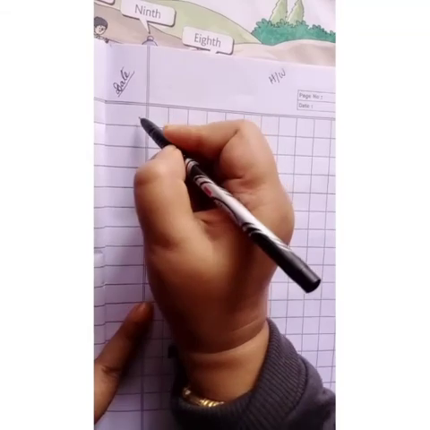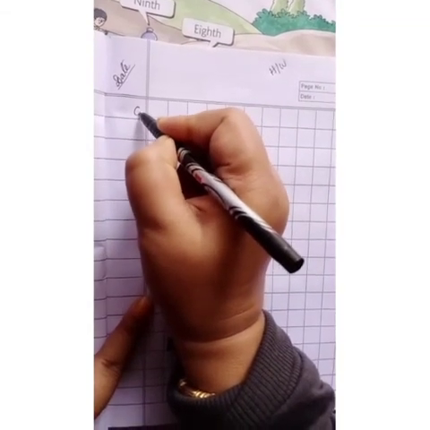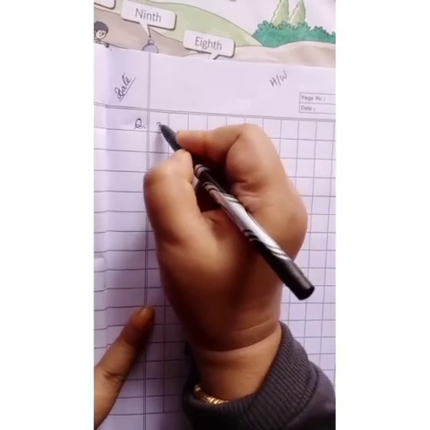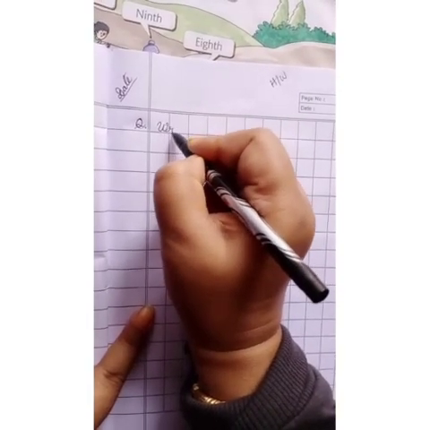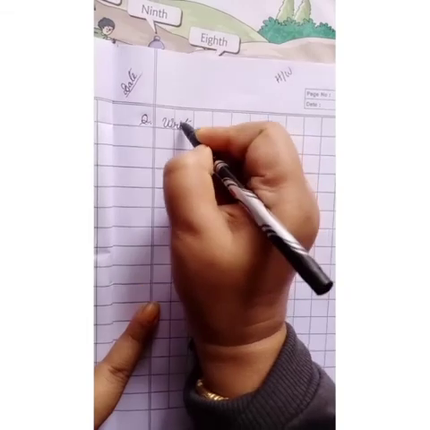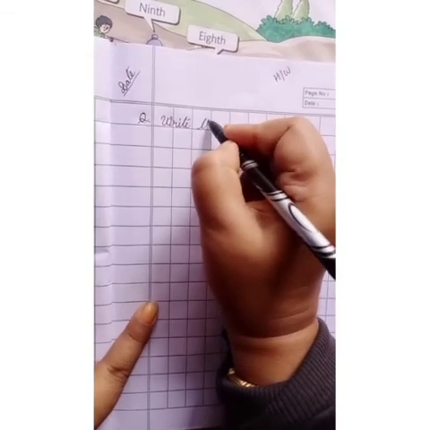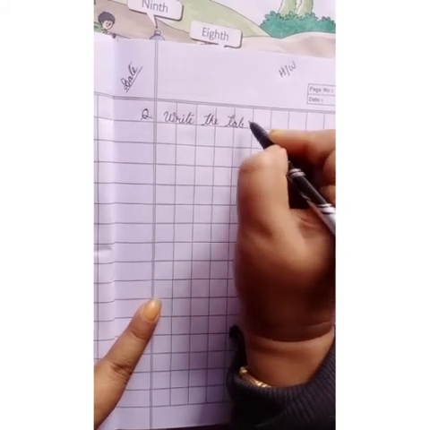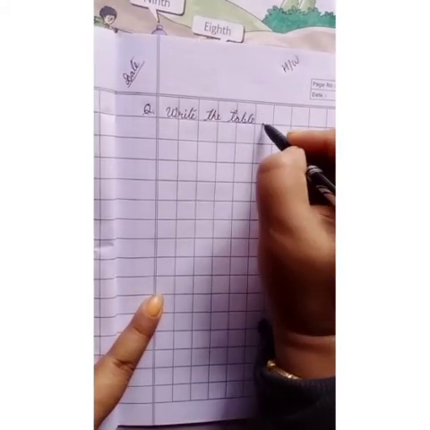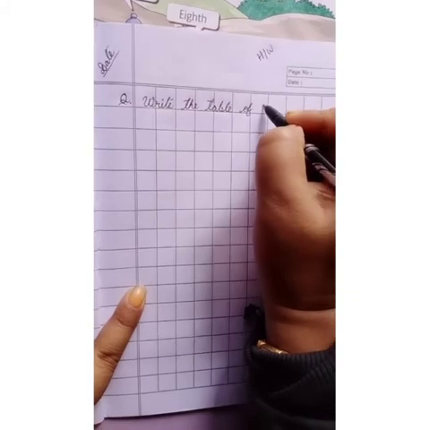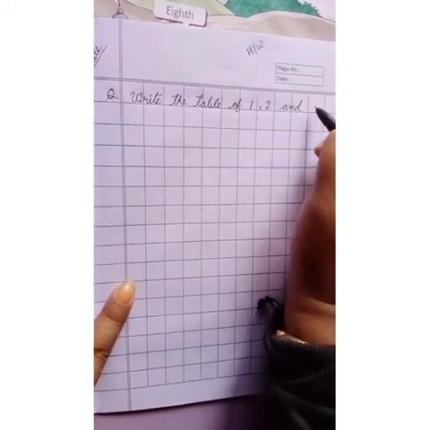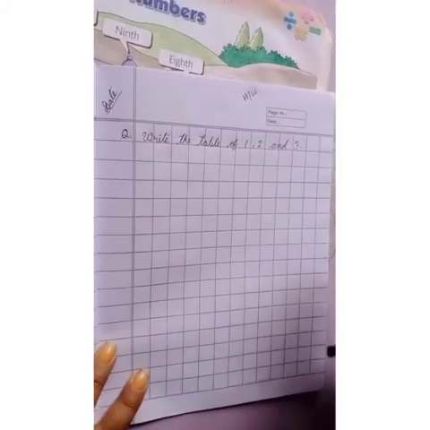Now all of you write the question. Write the table of 1, 2 and 3.